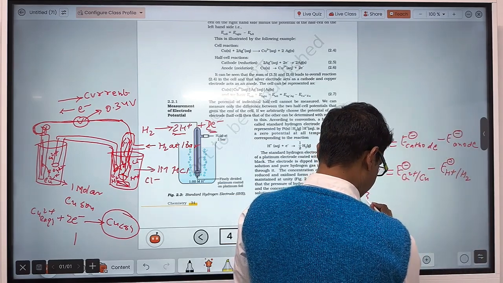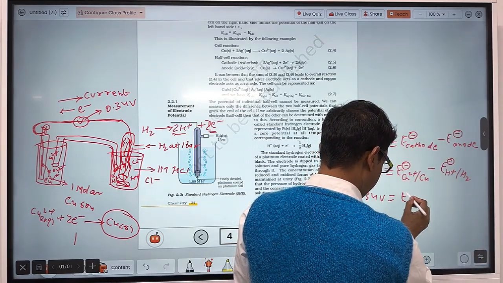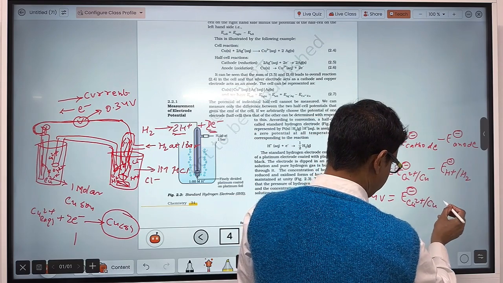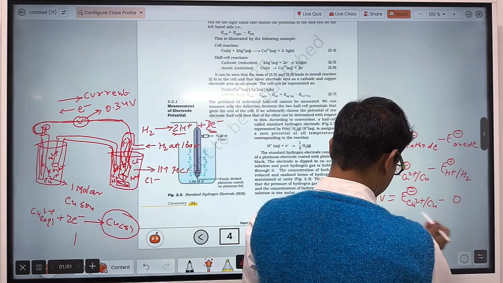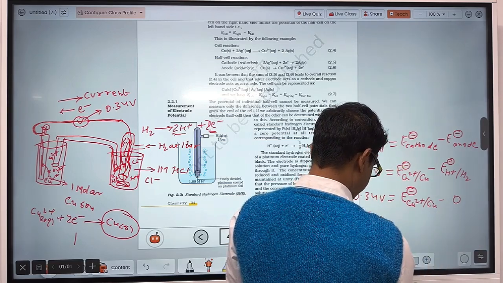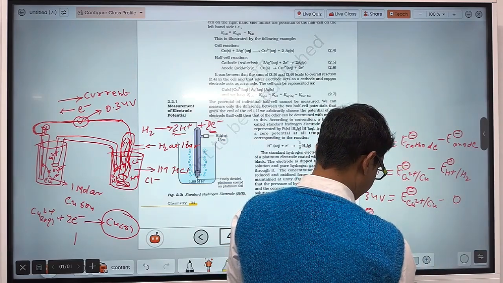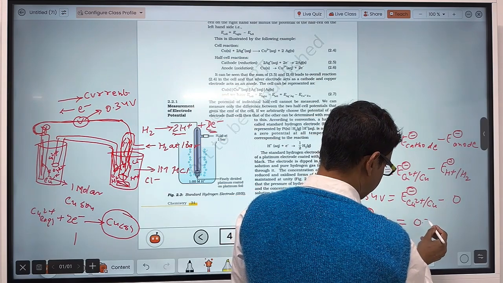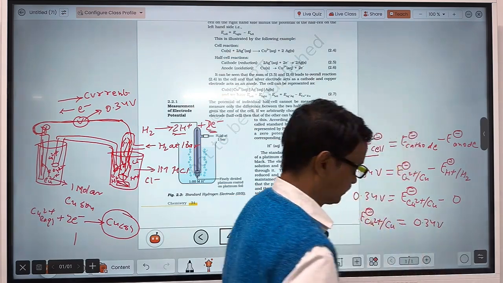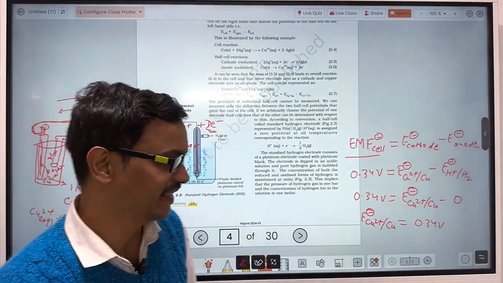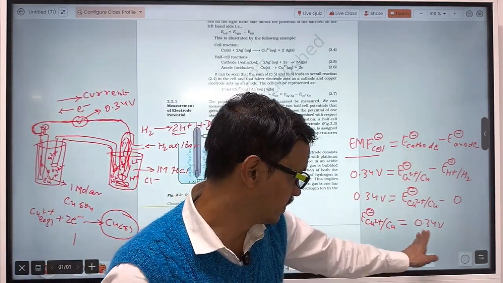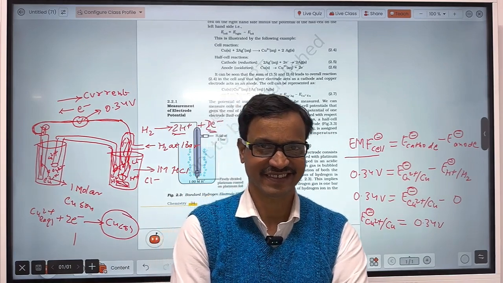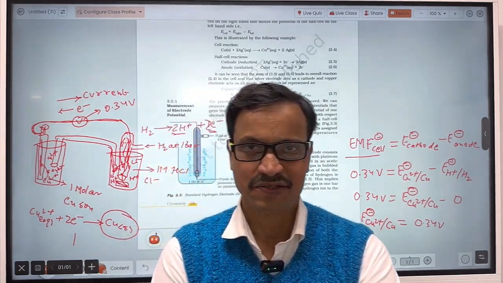So 0.34 volt will be equal to the standard electrode potential of Cu2+/Cu minus 0. That means the standard electrode potential of Cu2+/Cu is 0.34 volt. Now guys, keep in mind, here the standard electrode potential of copper has not become negative, it is positive.